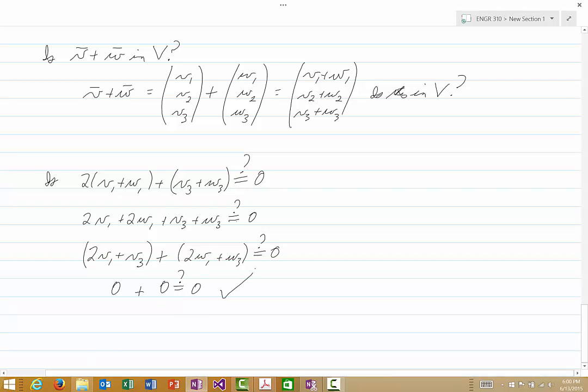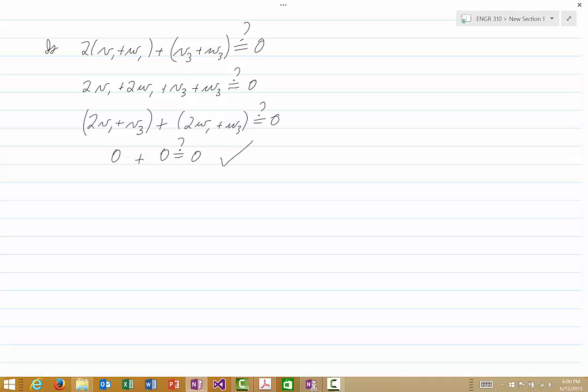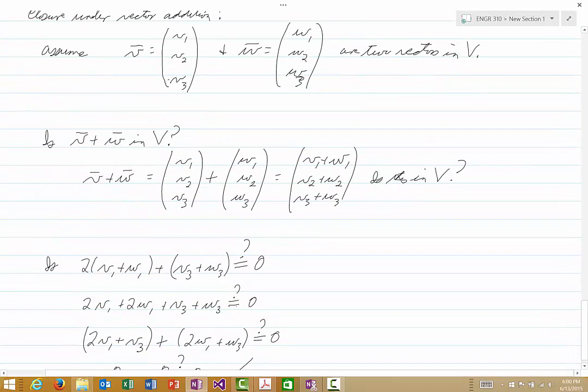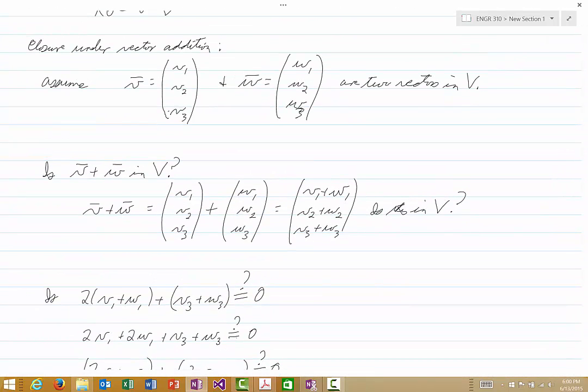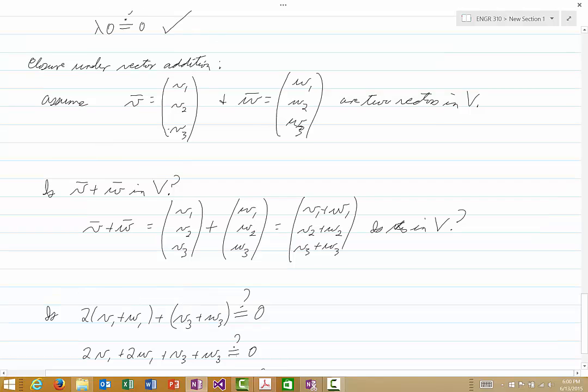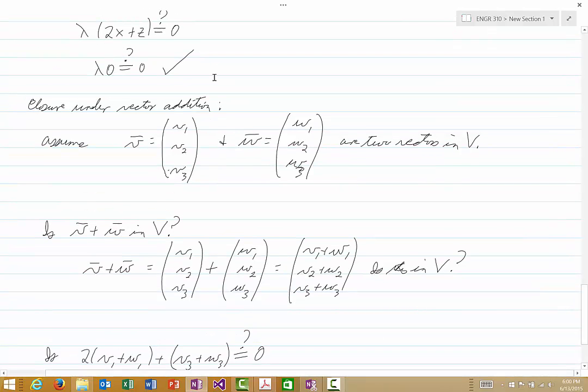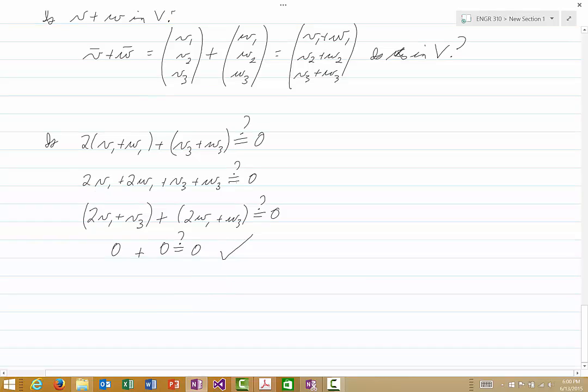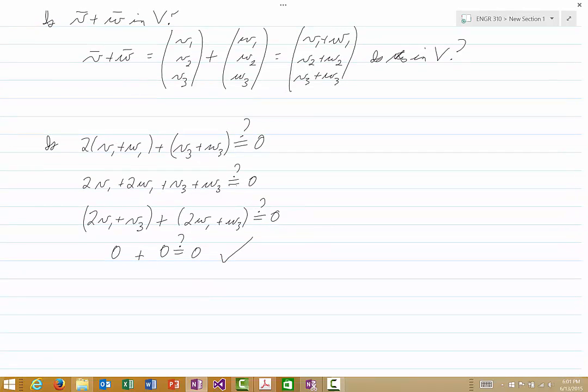And of course the answer is yes. So we have closure under scalar multiplication right here, and closure under vector addition, and so V is indeed a vector space.